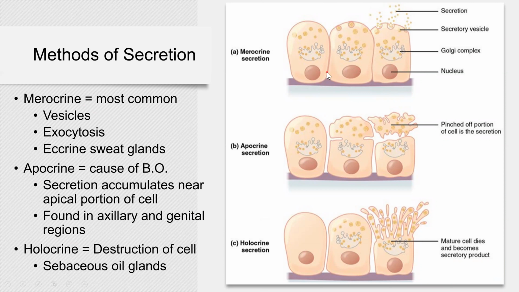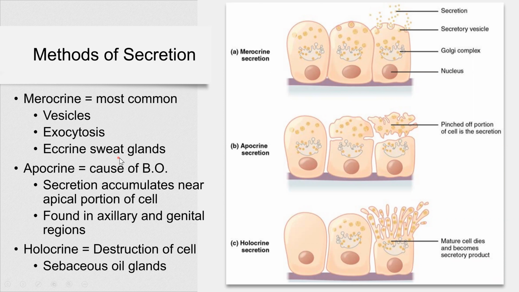When a cell synthesizes product, right, it's synthesized on the rough ER and then moves to the Golgi apparatus, and then the product moves towards the surface of the cell within secretory vesicles, and it's released through exocytosis, right? So we form vesicles, release through exocytosis, then it will be merocrine secretion.